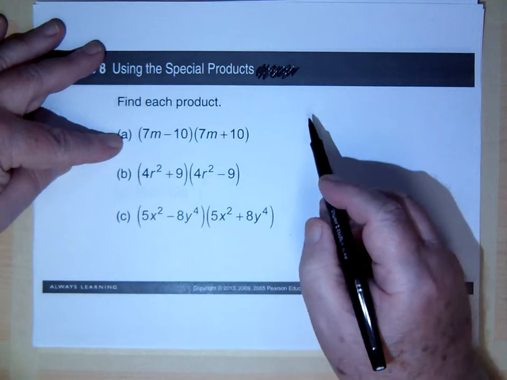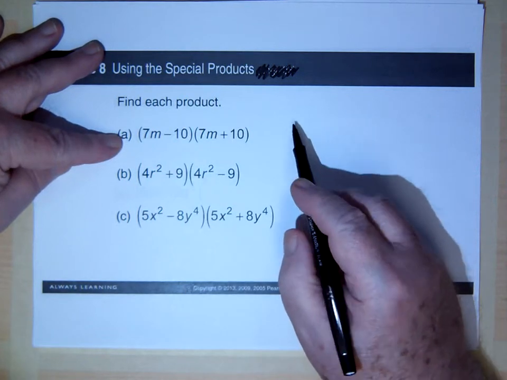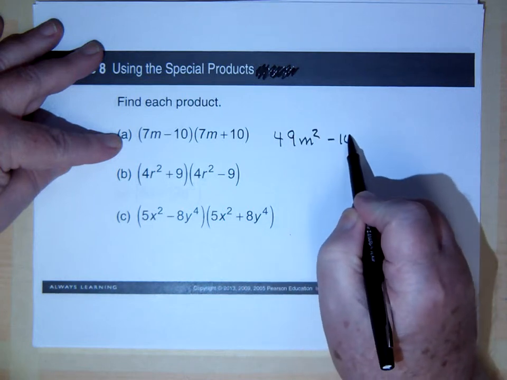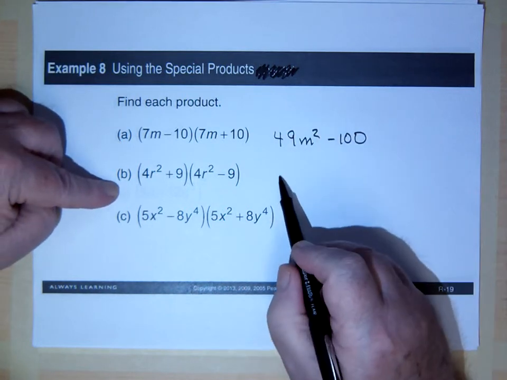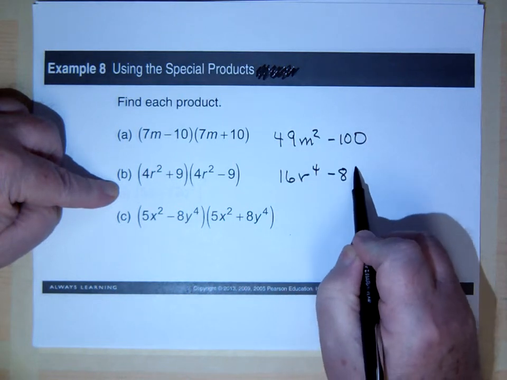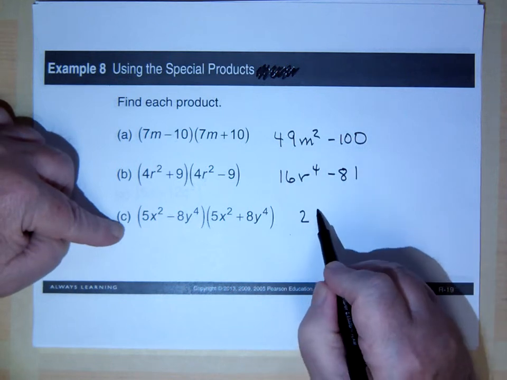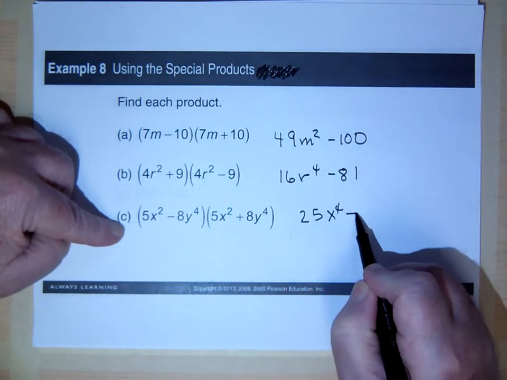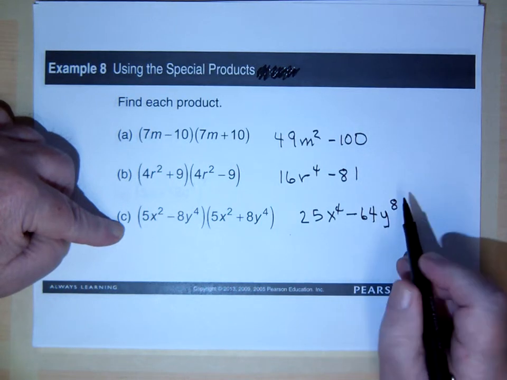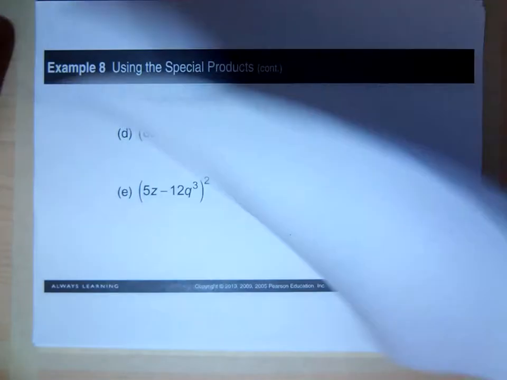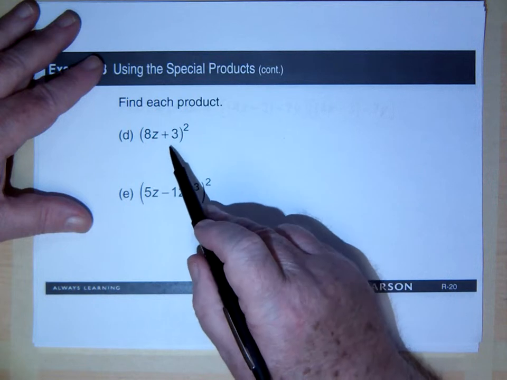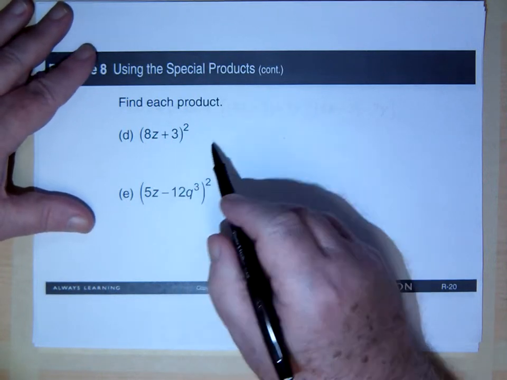Here this is the form x minus y times x plus y. Similarly here. And similarly here. This is going to be using the other special products that we studied.